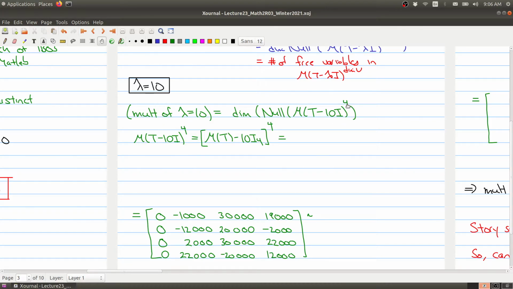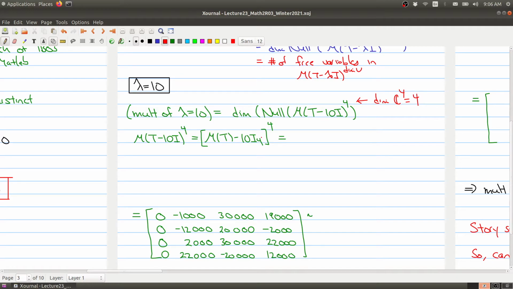The 4 here comes from the fact that the dimension of C4 is 4, because that's our vector space. We want to look at the matrix of the linear transformation minus 10 times the identity operator. That's the same as taking the original matrix and subtracting 10 times the identity matrix of size 4, raising it to the power of 4.